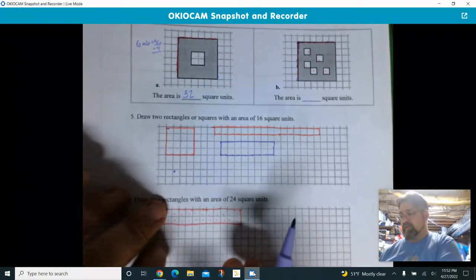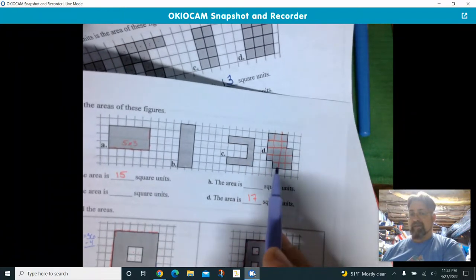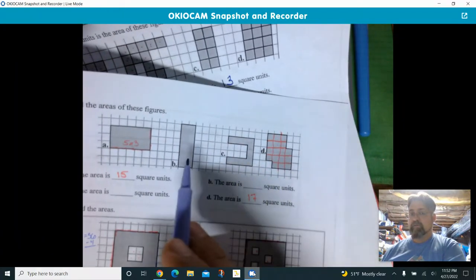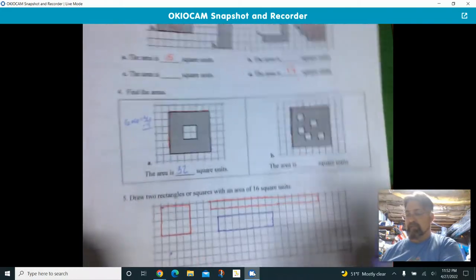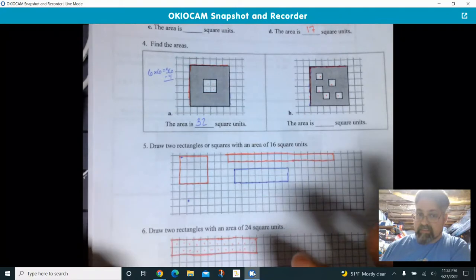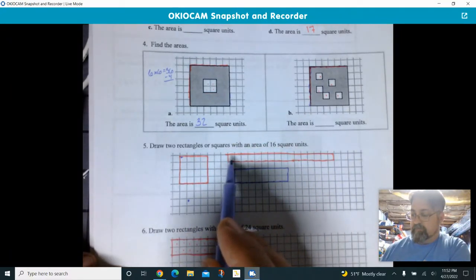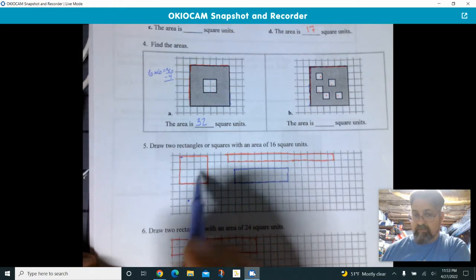You could draw some kind of a crazy shape like these up here, but those aren't squares and rectangles, right? Squares and rectangles have even sides. So it's based on the factors of 16. 1 times 16, 2 times 8, 4 times 4.